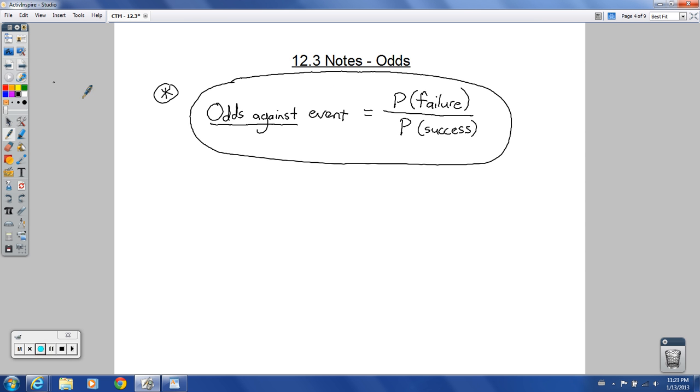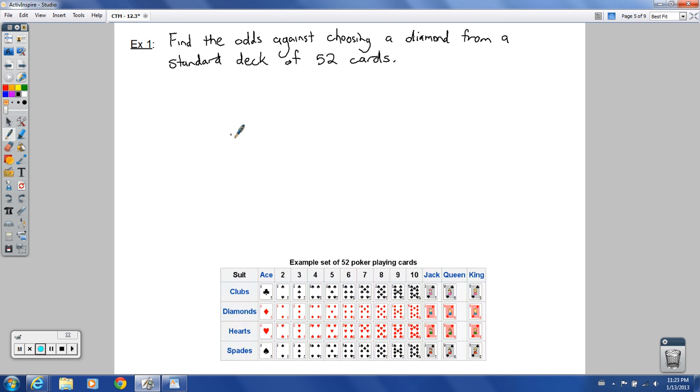Let's go back to odds against an event happening. In this case, the odds against a diamond happening is going to be the probability of failure, so not a diamond, over the probability of a diamond. That's what we're talking about in this question.